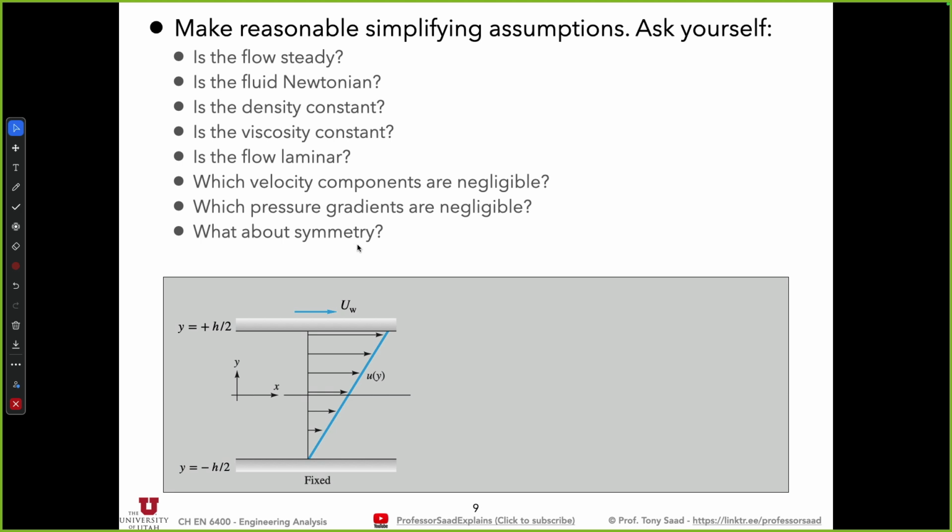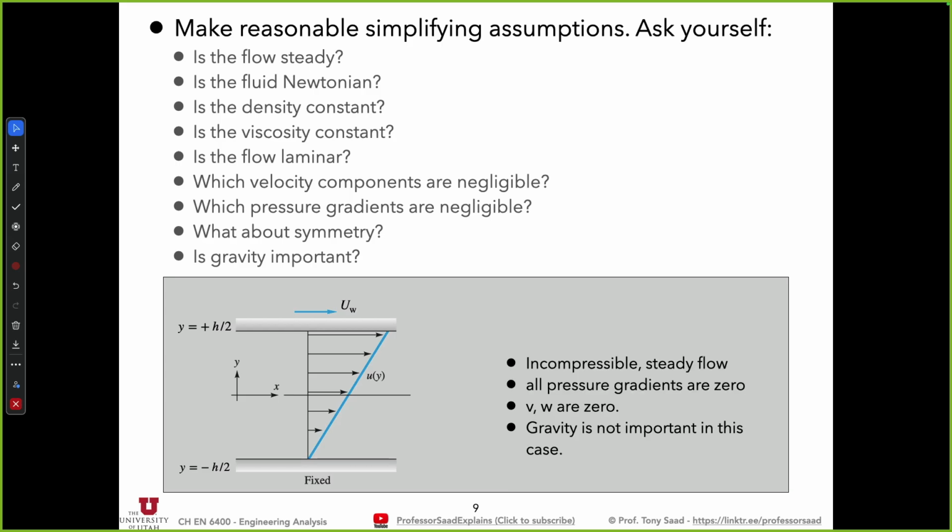What about symmetry? Can we assume symmetry over here? No, we cannot assume symmetry. The symmetry assumption is only going to help you when you're sketching the velocity profile. Here, I cannot assume symmetry because the flow is totally asymmetric. Is gravity important? In this case, it's not. The channel is small, so gravity is not really pulling on the fluid, and I didn't tell you anything about gravity, so it's reasonable to assume there's no gravity.